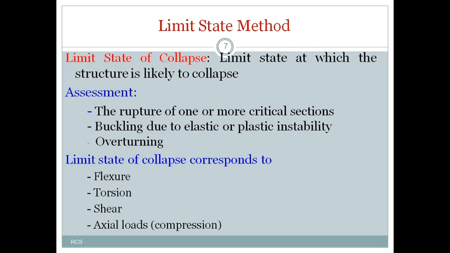Why am I saying it is a flexural member? A beam is a horizontal member subjected to vertical loading. When I apply a vertical loading over a beam, it is going to bend. That is nothing but flexure. If you want to design the beam by using this LSM, then we have to take the conditions, provisions and values recommended in IS 456-2000 in the limit state method, that is, the limit state of collapse in flexure.